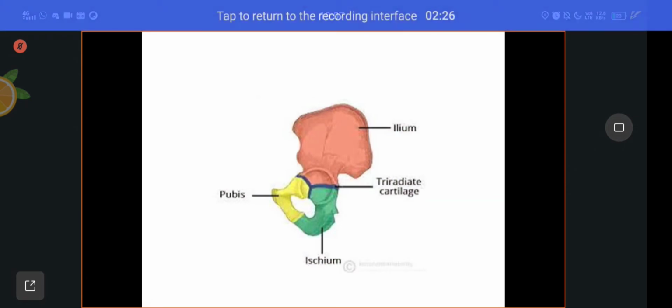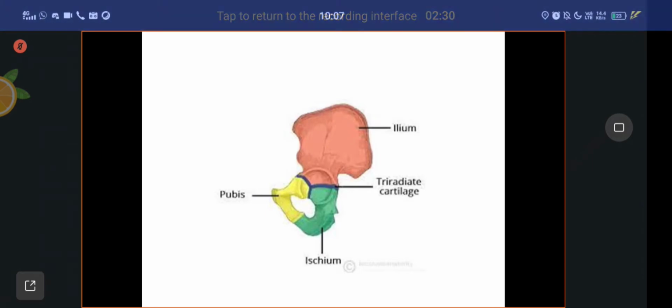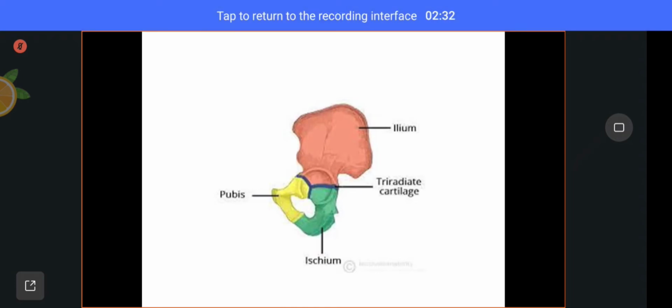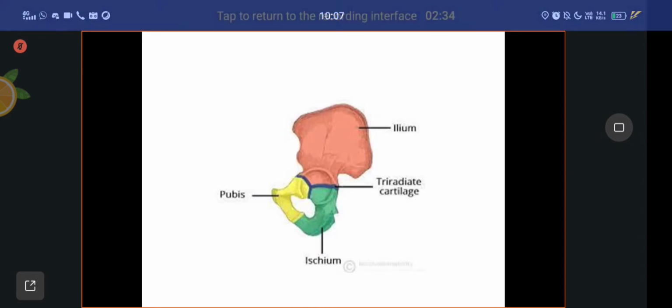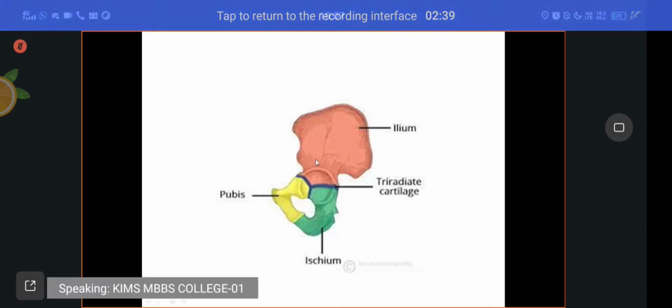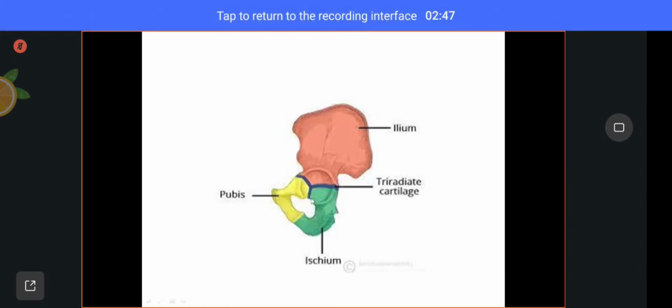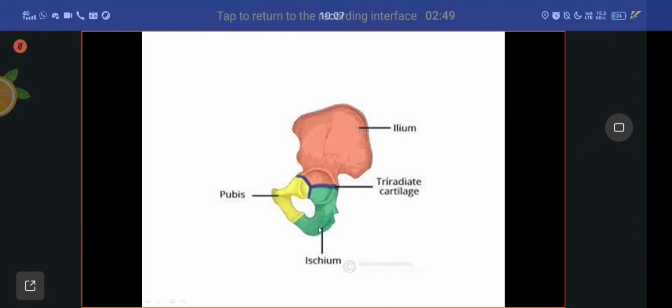So the hip bone, which forms part of the bones of the lower limb, is divided into three parts. What are the three parts? The superior part is the ilium, the anterior-inferior is the pubis, and the posterior-inferior is the ischium.